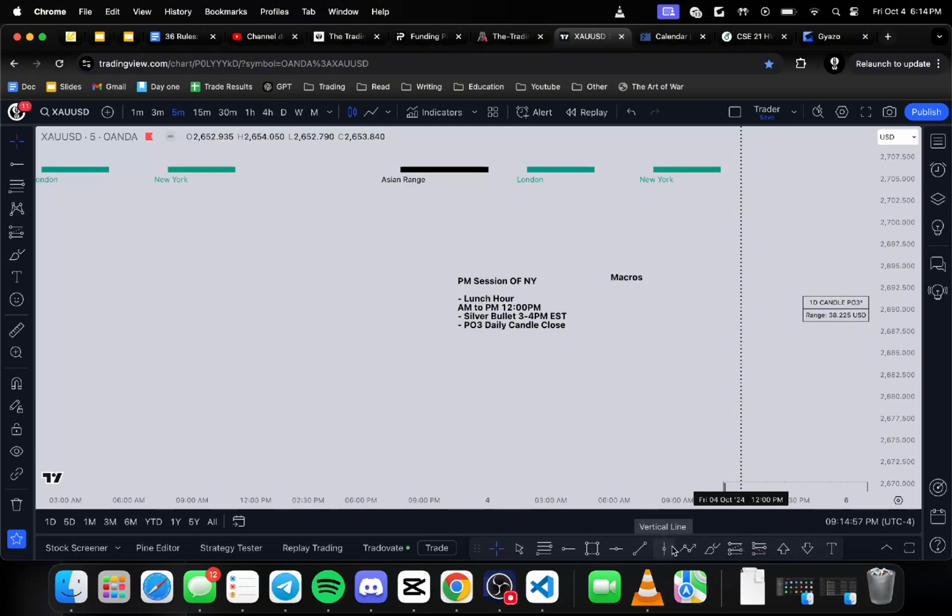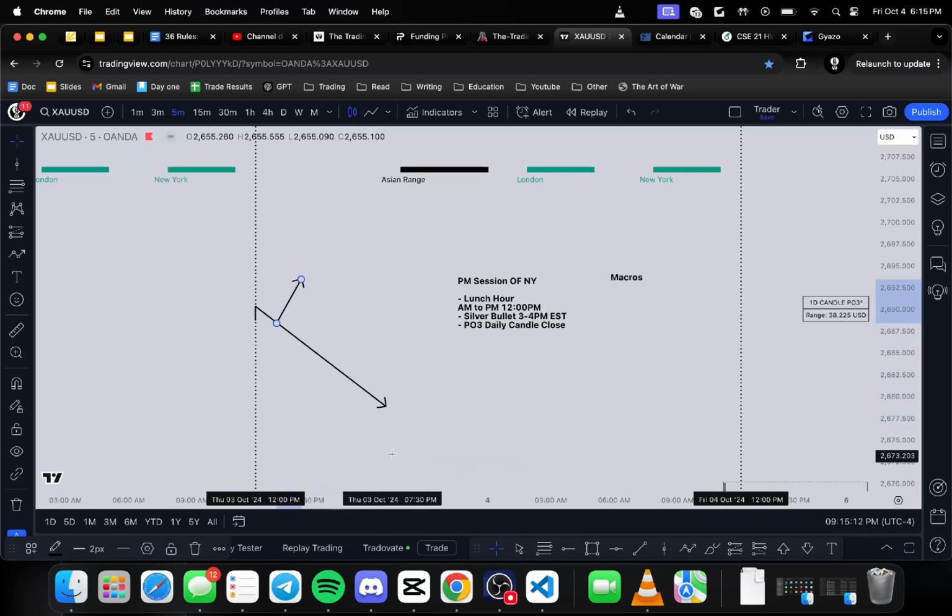So I'm going to kind of break down the theory, and I want you to dive into your charts yourself. But basically at 12 o'clock, there's going to be some sort of significant liquidity. Either there's going to be a high right at 12 and then it melts off, or it's a high that's created later into the 12 o'clock hour and then it melts off.